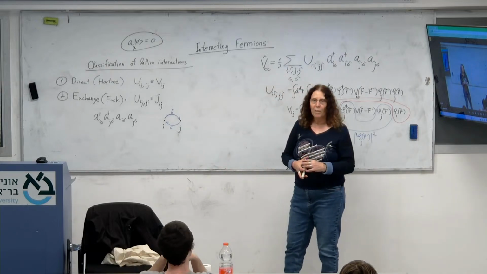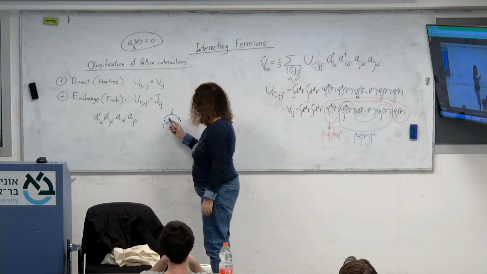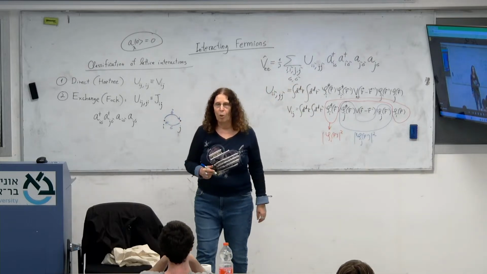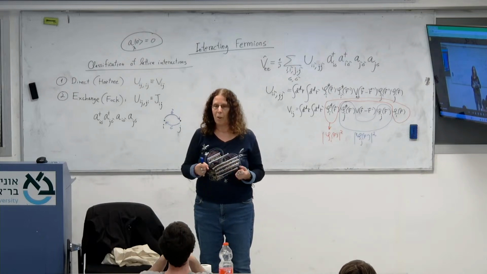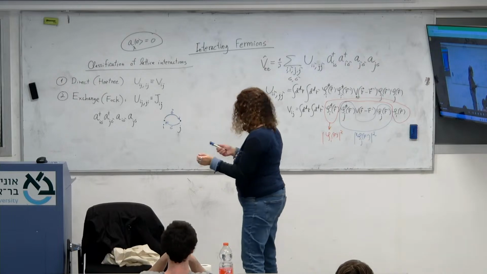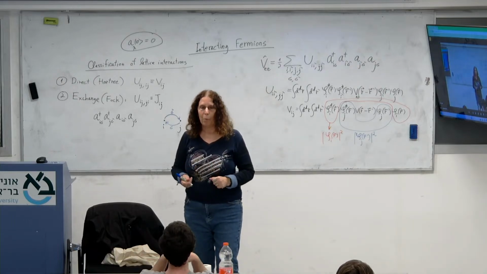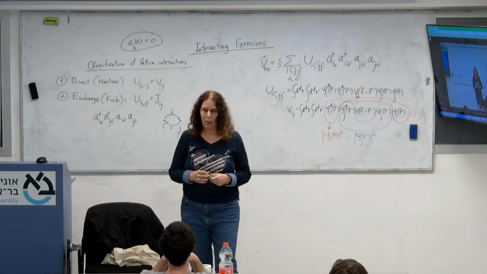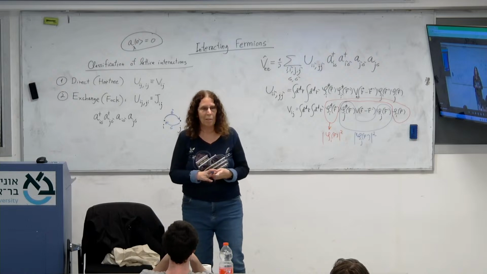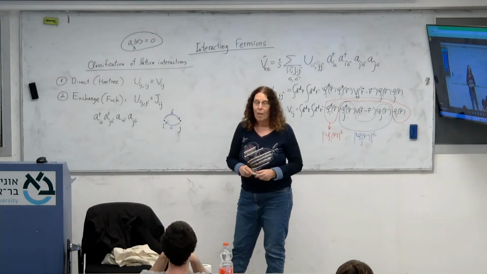And keep in mind that these are fermions. So this is allowed to be taken into account even if they have the same spin, right? So we can just exchange between them. And what we expect when we exchange two fermions, because of the Fermi statistics, we expect to get a minus sign, okay?